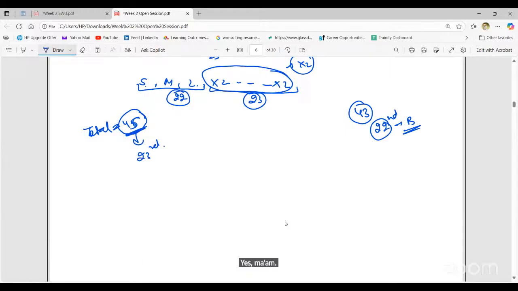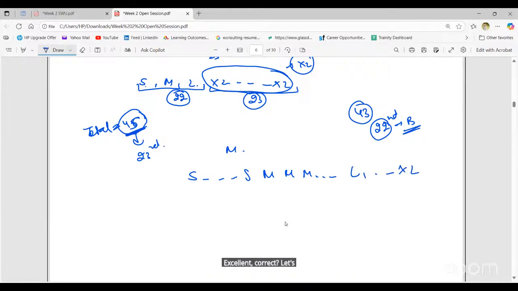Now the size of B, it can come like whatever the size is, the size will be M, right? Let's suppose it is like S, S, S, then M, M, M, like that. Then we have large, then we have XL, correct?